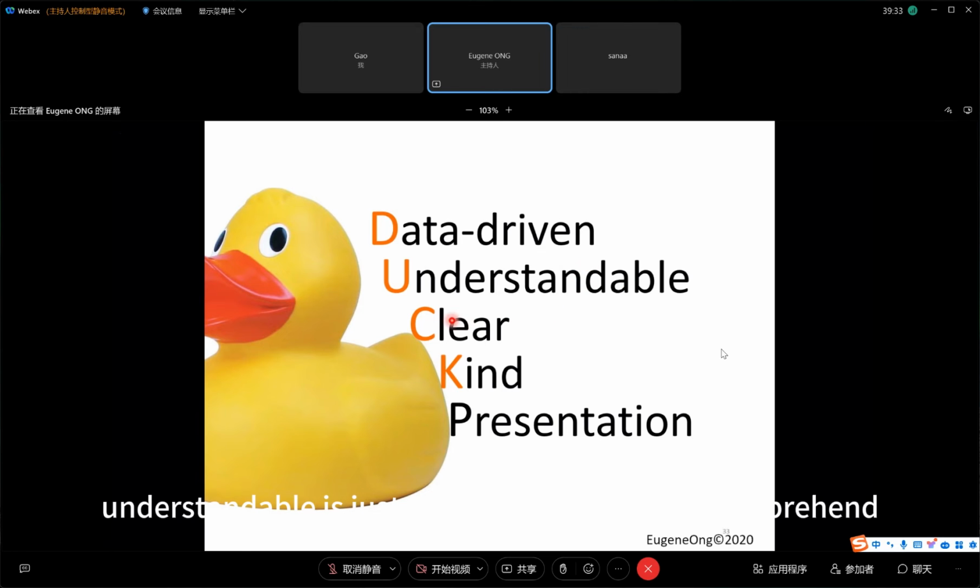Understandable just means what we can comprehend, right? But in order to help us understand, it must be clear as well. So there are no distractions from our data. We shouldn't over-decorate the slide with too much fancy stuff that distracts.